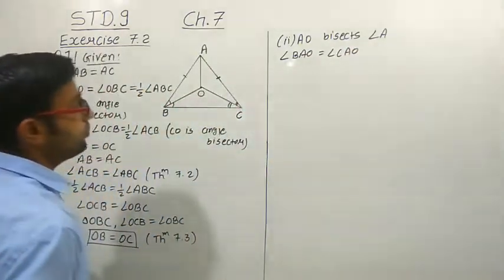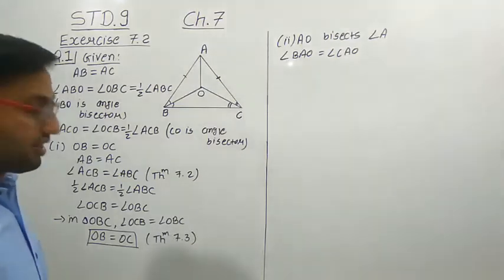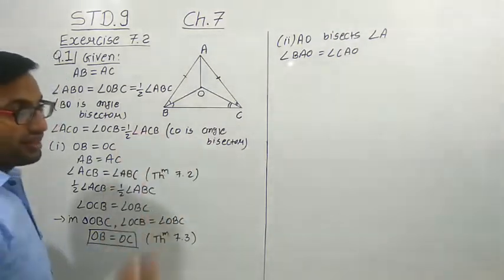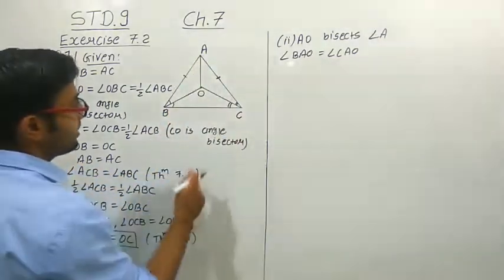There is no other method like this; here we have to consider two triangles, AOB and AOC.